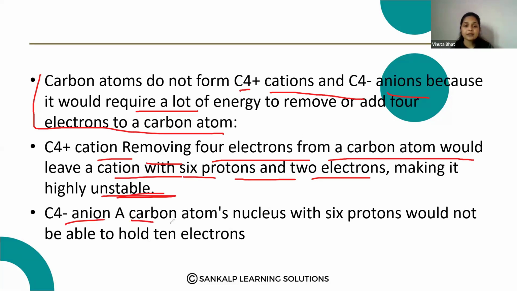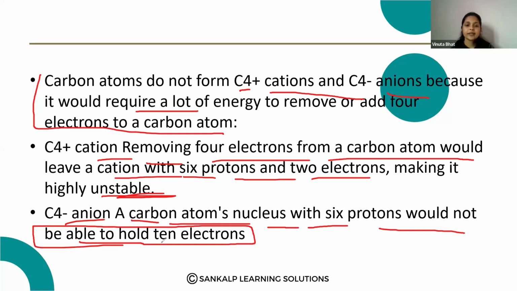And C4 anion: a carbon atom's nucleus with 6 protons would not be able to hold 10 electrons. So when it gains 4 electrons, the carbon is not able to hold the 10 electrons. So that is the reason. Please note down this answer. Very important question, repeatedly asked in different question papers. Okay.